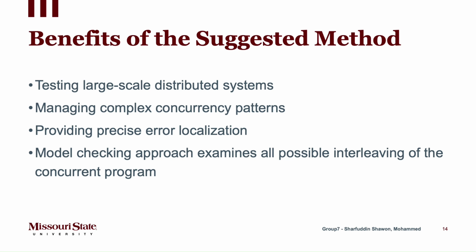The size and the complexity of a system greatly contribute to the challenge when we are approaching with the traditional testing methods. Second on the list of benefits is that it can manage complex concurrency patterns that are hard to locate, analyze, and resolve with conventional approaches, such as those in distributed consensus algorithms.